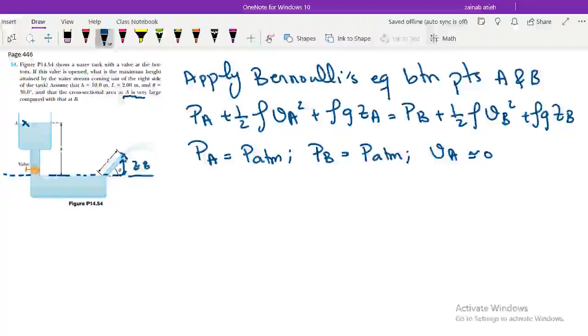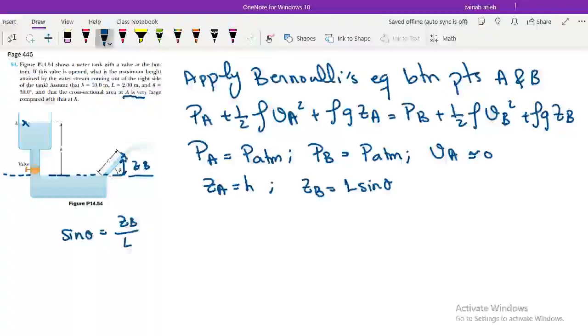So ZA, as it's clear, is h, and ZB is equal to L sine theta. If you look at the triangle, sine theta is opposite over hypotenuse, so it's ZB over L. We are looking for heights.